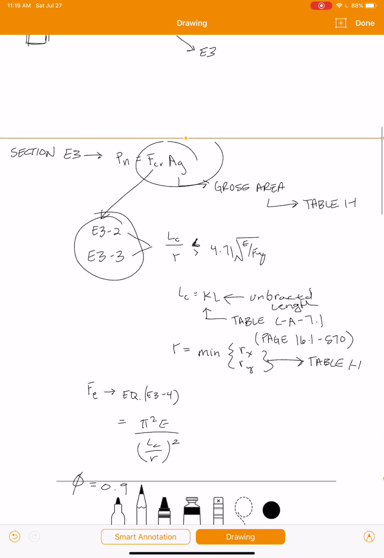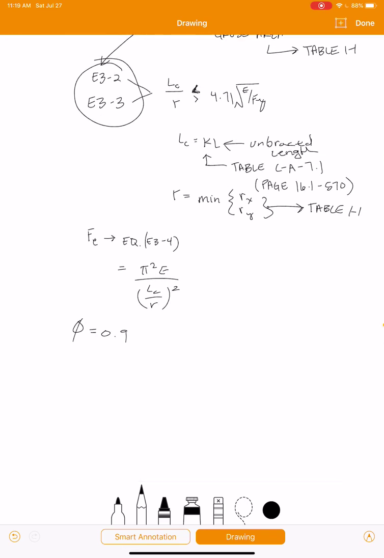And again, once you check Section E3, then you'll have to go to Section E4 and check that for your flexural torsional buckling. Again, the equation is going to be the same, Pn equals Fcr Ag.